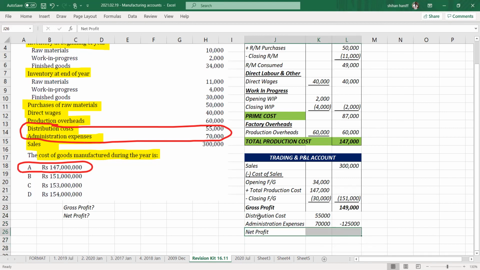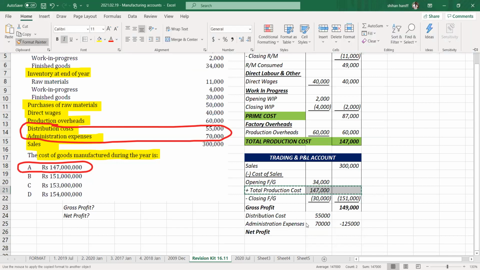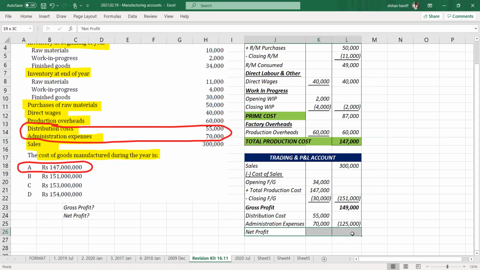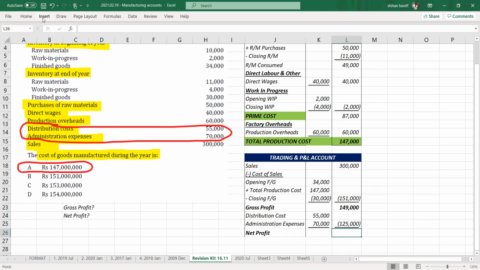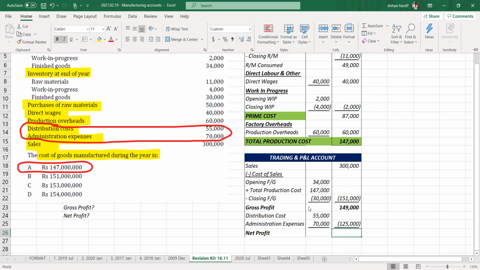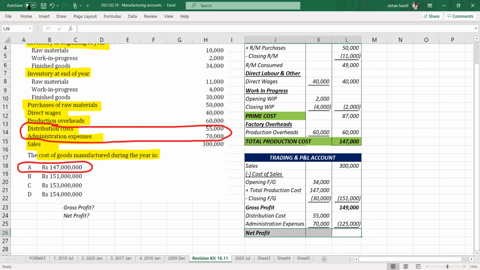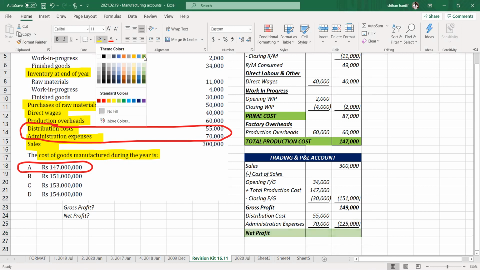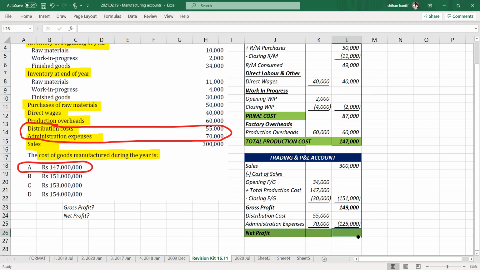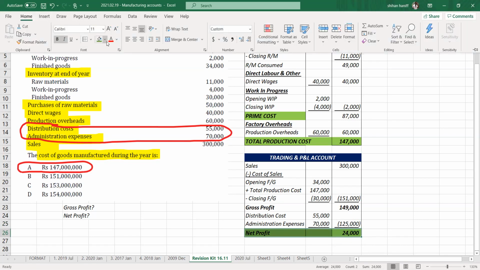So based on the information we have, we can do all these calculations. So the net profit equals 24,000. Net profit is equal to 24,000.